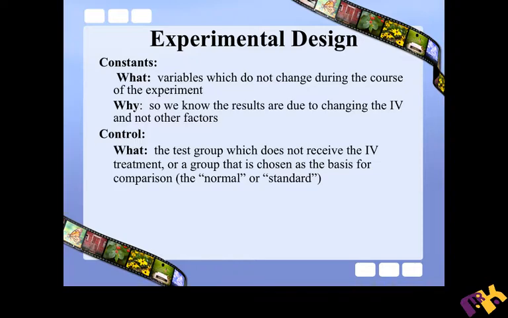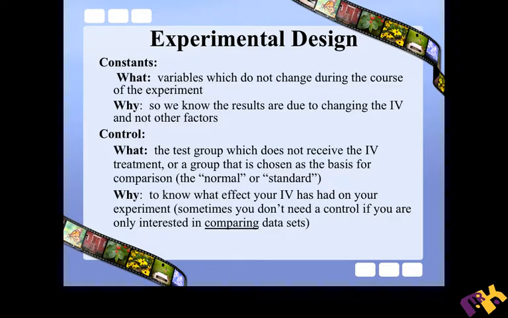I think we probably already know the why. The why is so we can know what effect your independent variable has on your experiment. Right? If all of our plants have a different thing done to them, there's no normal to compare them to. There's not a control plant for us to go back to and say, well, this plant just got water and sunlight, and that's it.